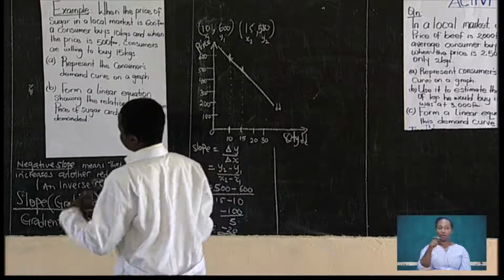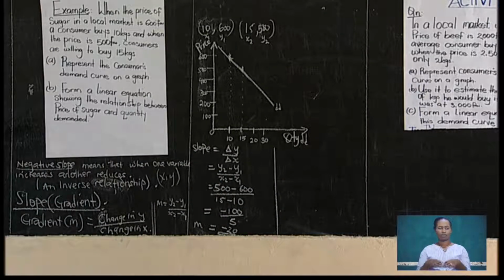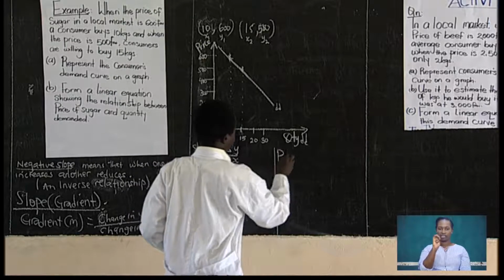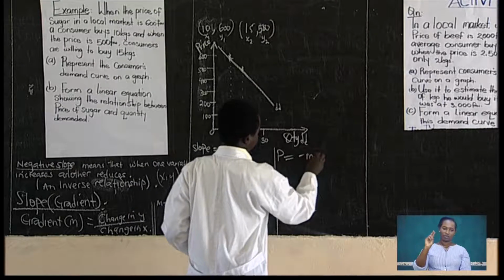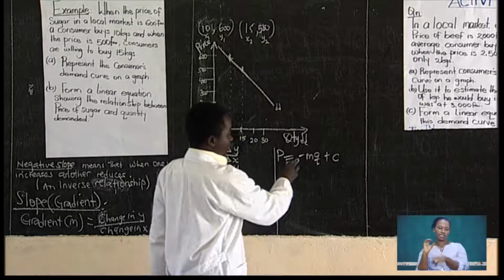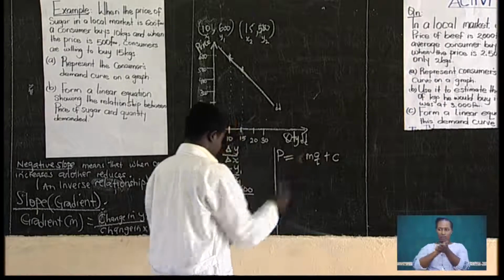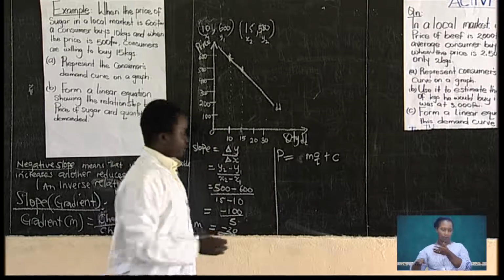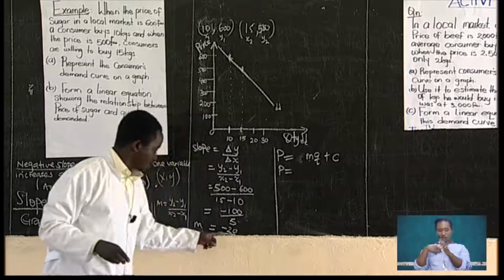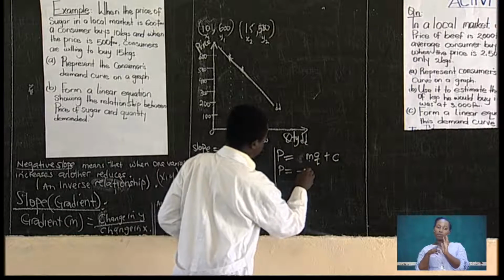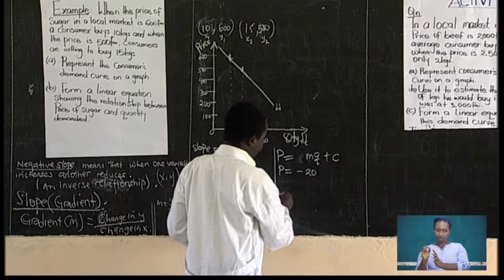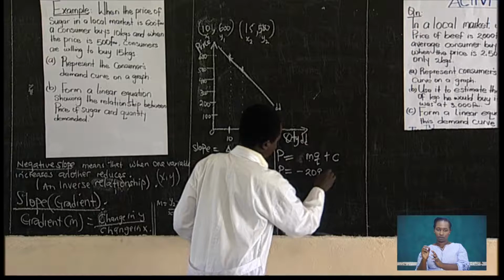You have to look at the general form, our general equation: P equals m Q plus C. So P is equal to our m, which is our gradient, our slope, negative 20, so negative 20Q plus C.